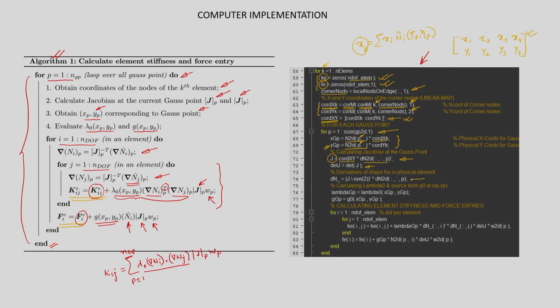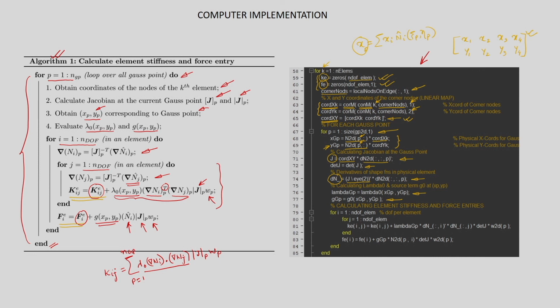Next, we calculated the derivatives of the shape functions in the physical element, because now we had the derivatives in the master element. So, we have to convert them to derivatives in the physical element. How do we do that? We just pre-multiply with J inverse transpose. Once we complete that, at the corresponding Gauss point we evaluated the conductivity, and at the corresponding Gauss point we calculated the body source term.